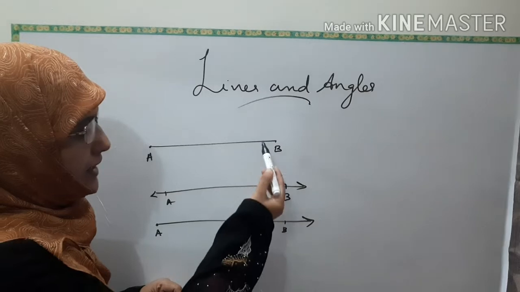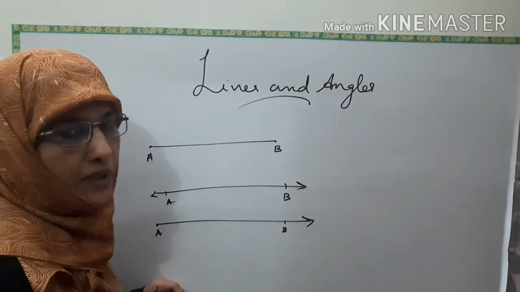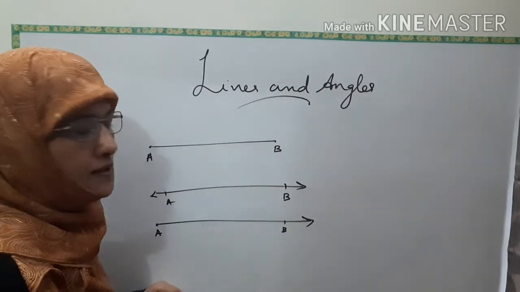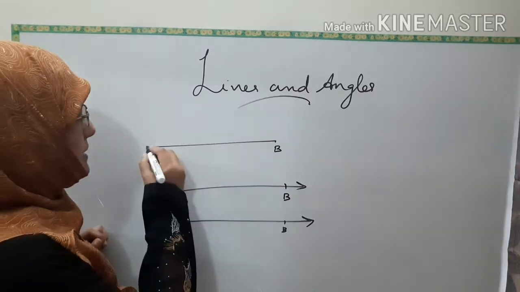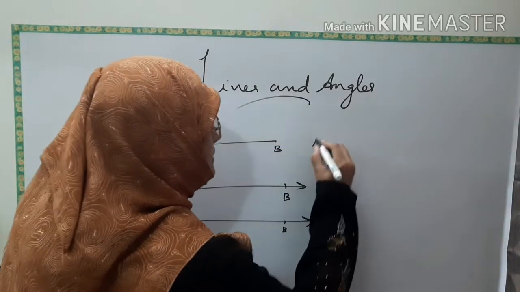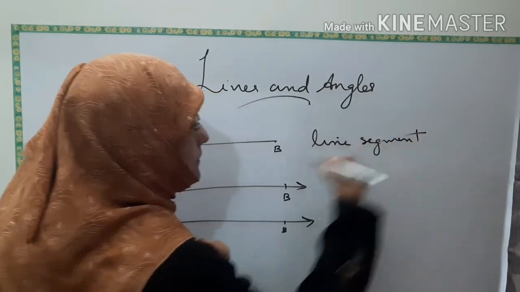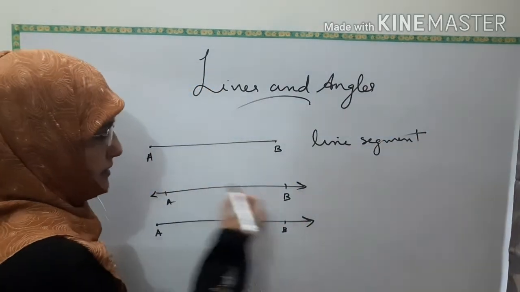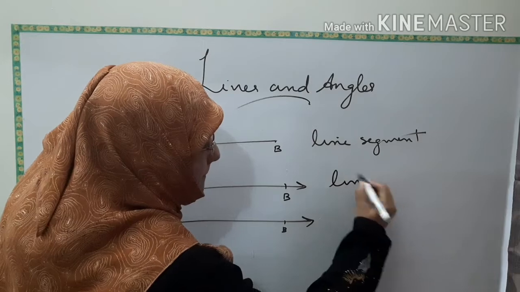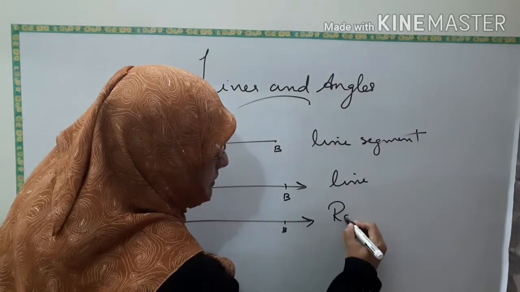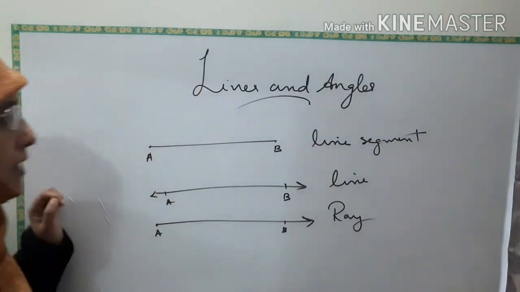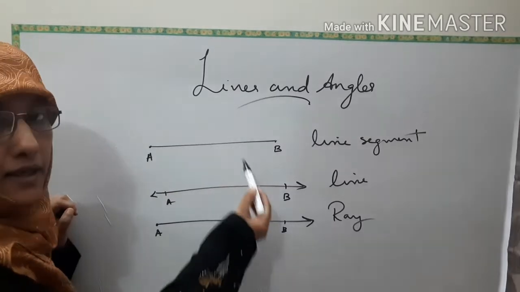See, I have drawn 3 different types of figures here. Do you remember what these are? Yeah, this is a line segment, isn't it? And this is a line. And the last one is the ray. Now what is the difference between a line and a line segment?